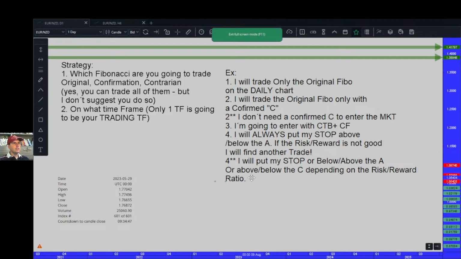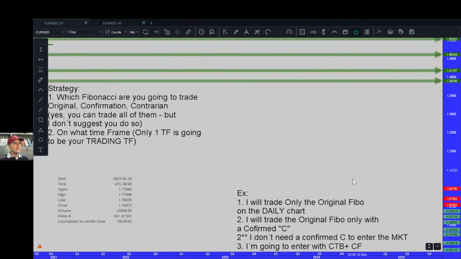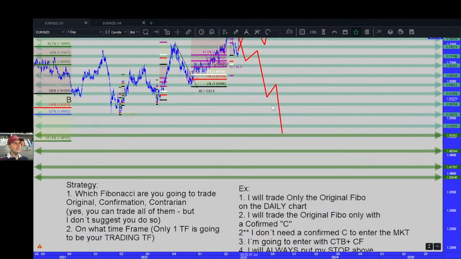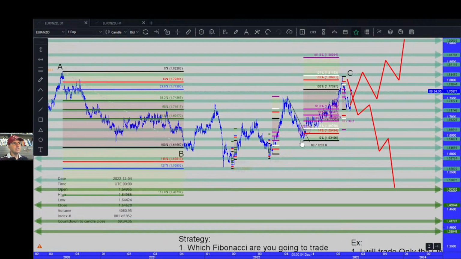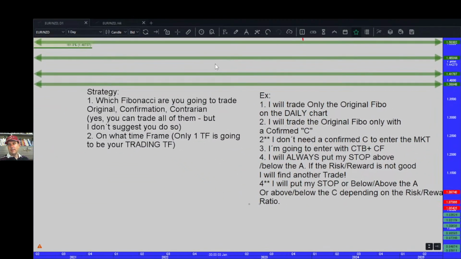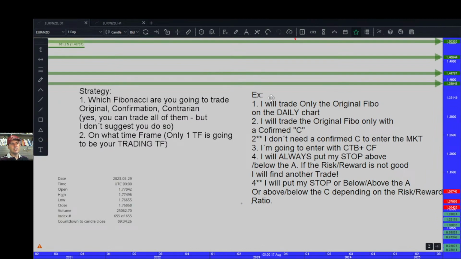So I will trade only the original Fibonacci on the daily chart. What does this mean? Euro New Zealand. Can I buy Euro New Zealand daily chart? Please don't send me emails. Oh, you told me. Not true. This is just an example. Don't send me email. Oh, you told me to trade only the confirmed C. Just an example.